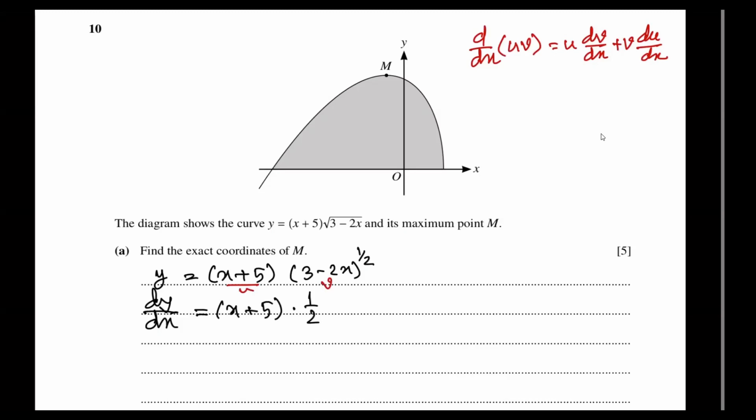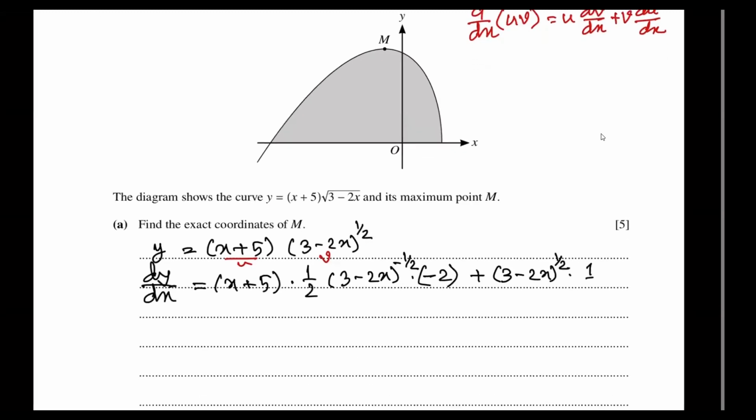The differentiation of v is half, the power is half minus 1, that's minus half, into the differentiation of the base 3 minus 2x, which is minus 2. Next, v unchanged, and the differentiation of u, which is x plus 5, is 1.